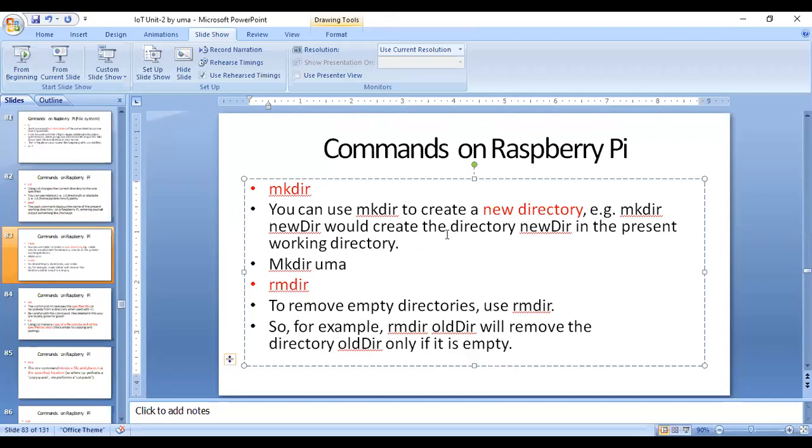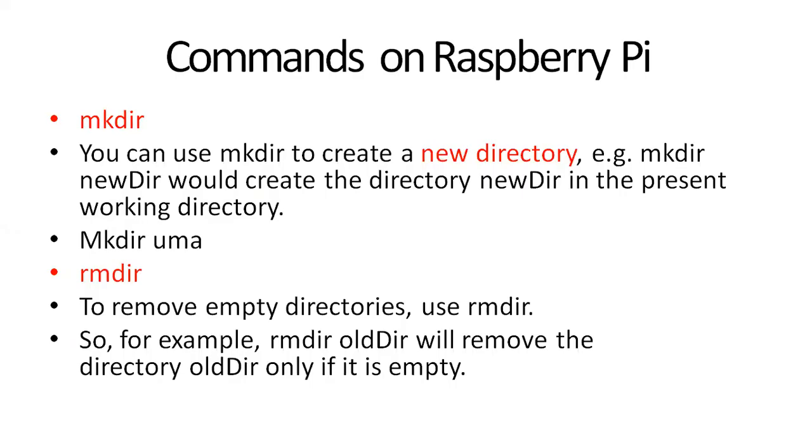That means it's going to create a new directory, and the name here is UMA. mkdir new dir creates a directory new dir in the present working directory. That means if you want to create any folder from the present working directory, from the current folder, then you will use mkdir.